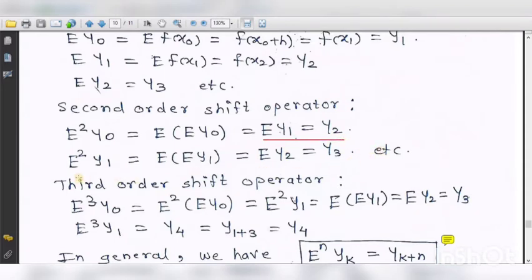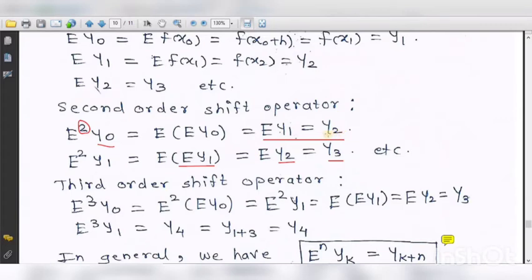Similarly, E square y1. So again we will apply it repeatedly on y1. So it is E operated on E y1. But what is E y1? It is y2. And what is E y2? It shifted to the next value y3. So if you observe one thing here, if we consider power 2 operated on y0, then finally what we are getting is y2, right?